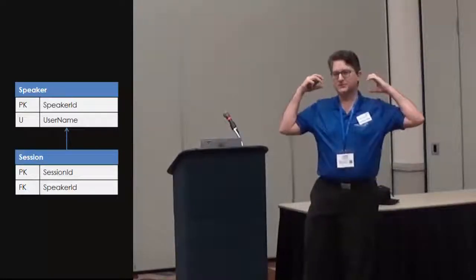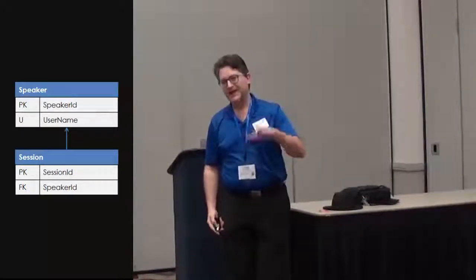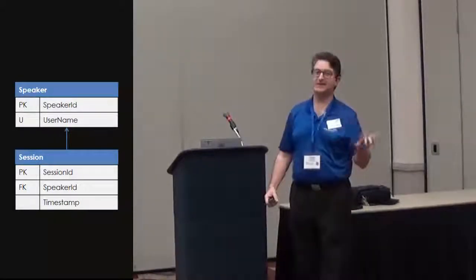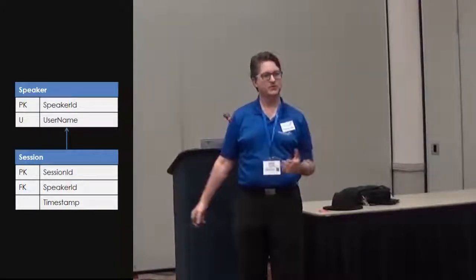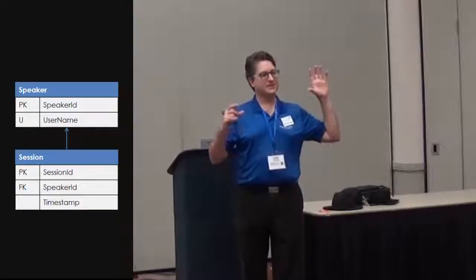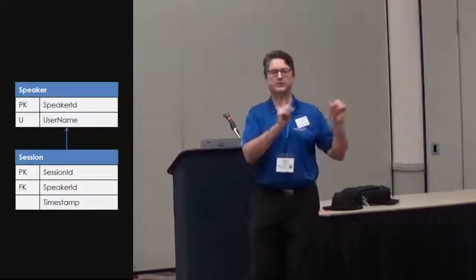And if that's supposed to be the identity of this thing, that means that a speaker can only have one session. That doesn't make any sense. So I have to add something else in order to make this unique. So I'll add a timestamp. It could be a random number, just something that makes this session unique. And it has to be something that you know before you did the insert.